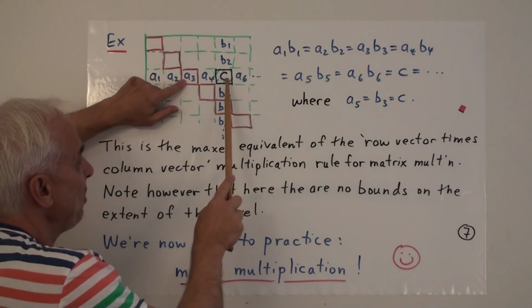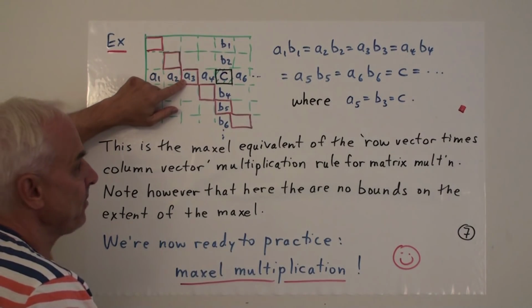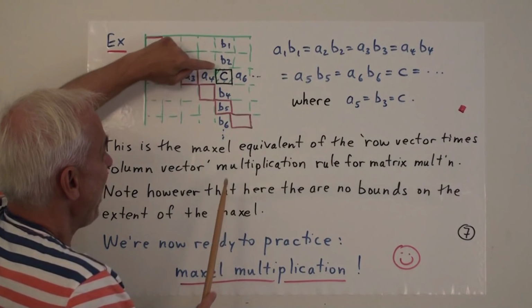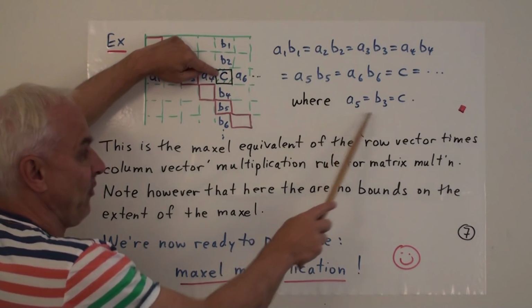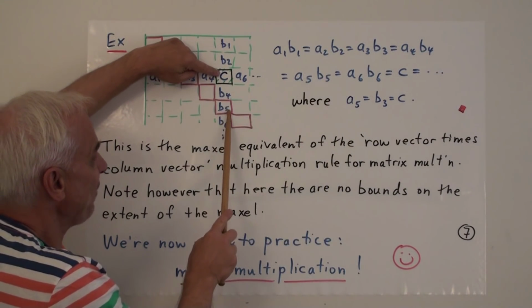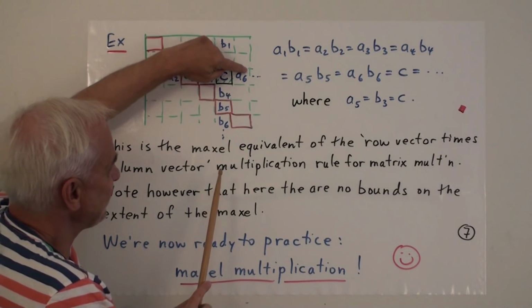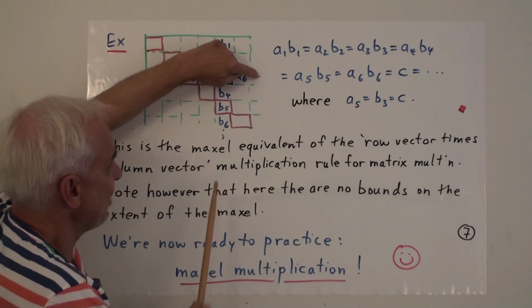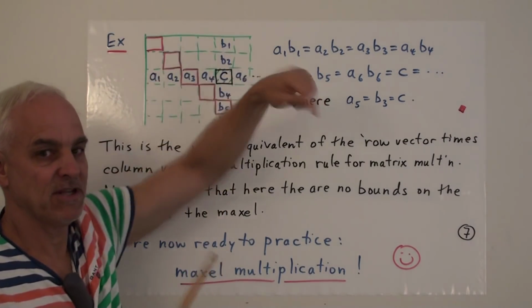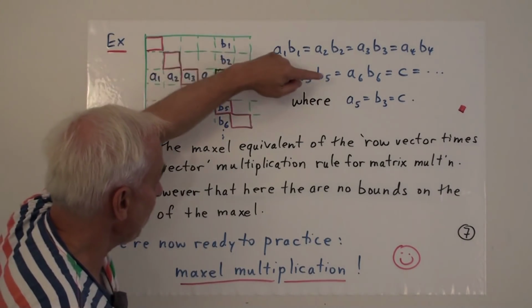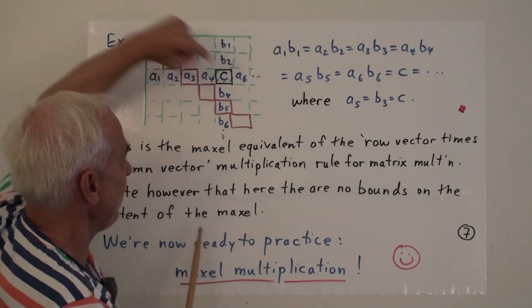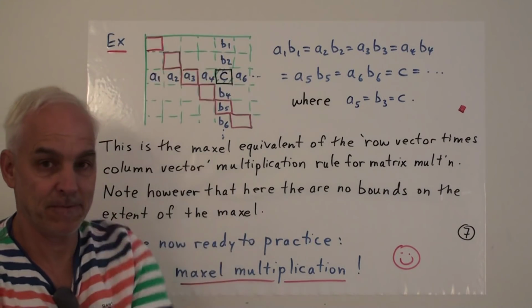So A3 times B3 will also give C. Then A4 times B4 will also give C. A5, which is also C, times B5 will give C. A6 times B6 will give C. A7 times B7 will give C. And so on. We can keep going along here and multiplying the corresponding A with the corresponding B, and at each stage we're going to get C.